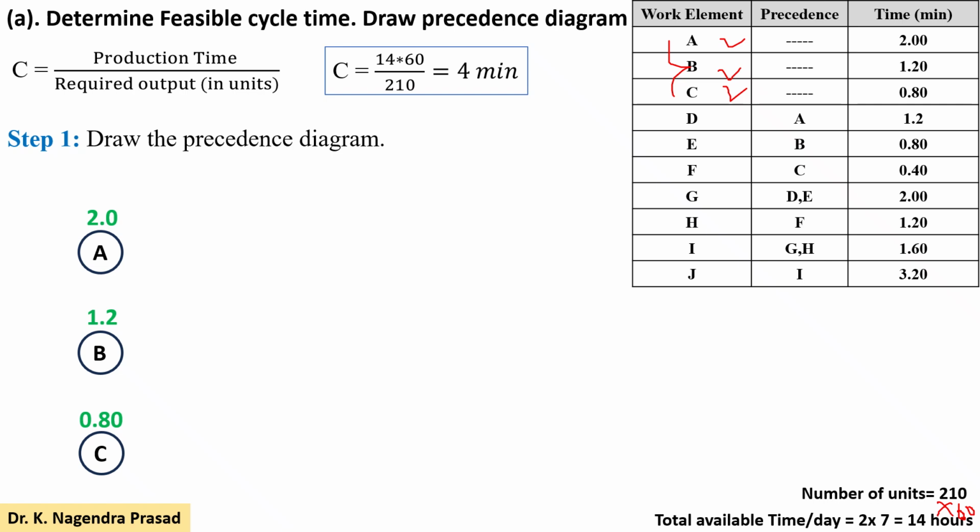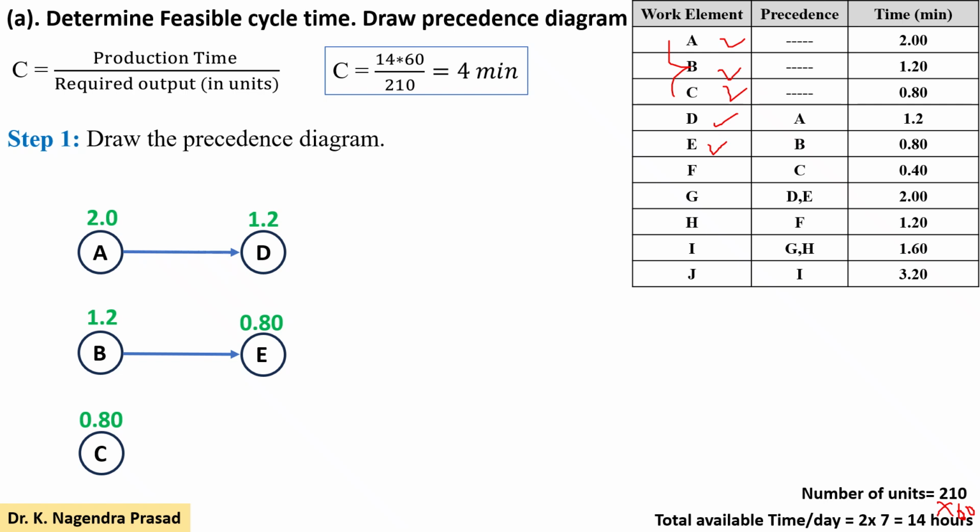Next, we look at work element D. It will start after completion of work element A. So I draw work element D, and its processing time is 1.2. Next, E will start after completion of work element B, and its processing time is 0.8 minutes.